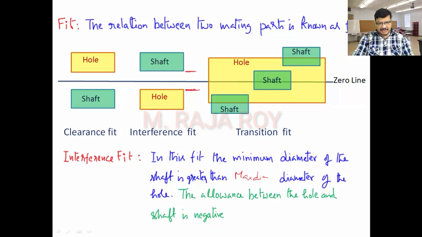This is the minimum dia of the shaft. Even if you take the minimum dia of the shaft and maximum hole, you are not able to insert the shaft into the hole. This hole is smaller than the shaft. Then in that case, automatically we will get interference. So the allowance between the hole and shaft is negative in this case. So that's why it's called as interference.